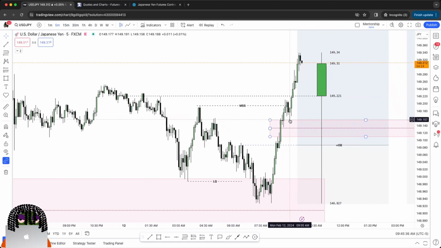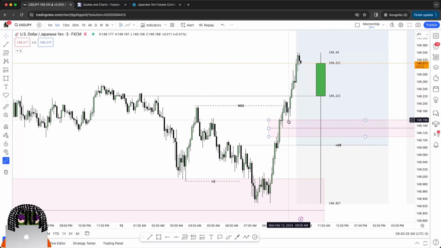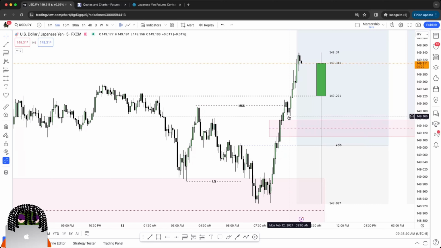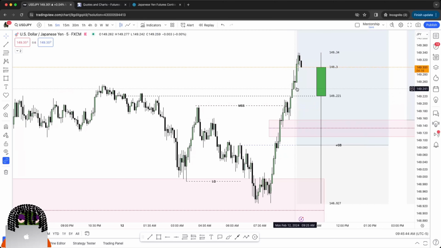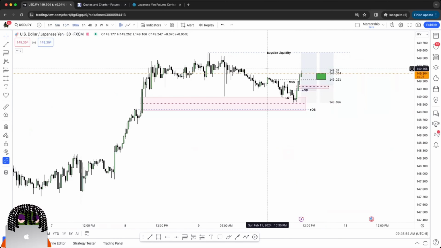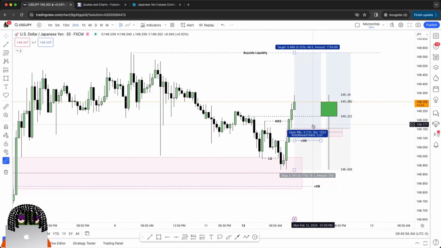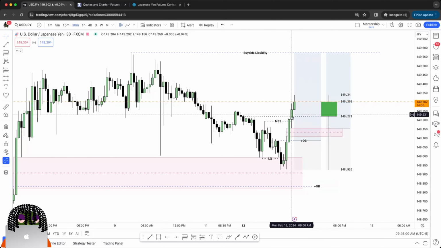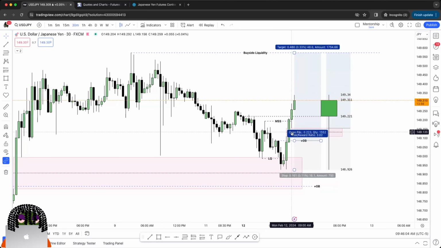That's because on the 5 minute, you see this on the 5 minute, this is liquidity. So I like it to come back here, because this right here is liquidity on the 5 minute. So I believe it's gonna come back to the zone, and we'll see what it does after. But yeah, I believe it's gonna come back to the zone right here.